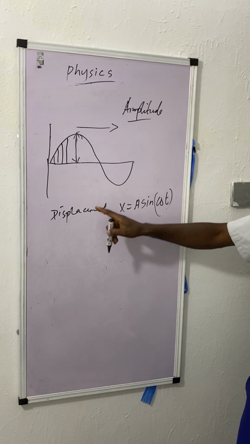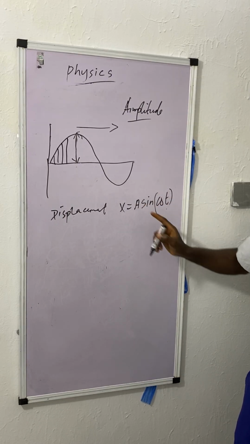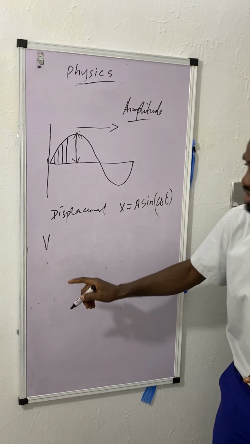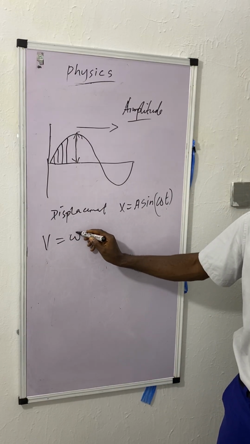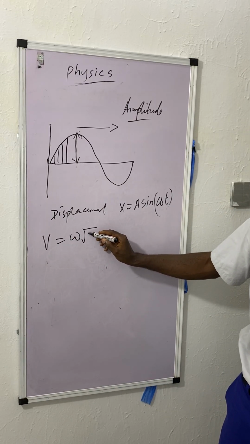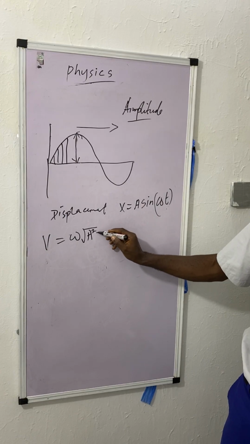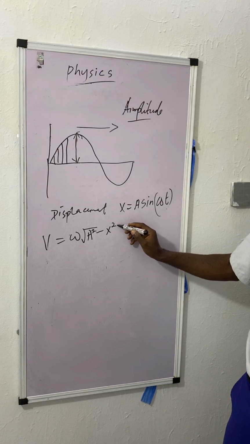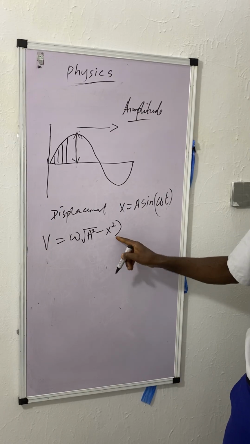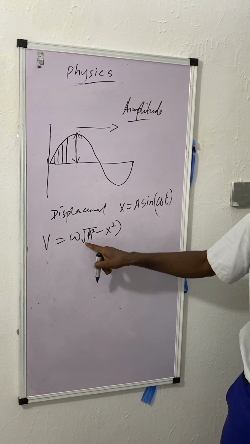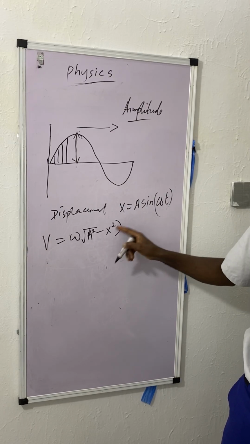So this is the formula to determine displacement when you are given a question under simple harmonic motion. We also have velocity. When you are asked to find velocity, use velocity is equal to angular velocity times the square root of A squared minus x squared. This is inside the root.